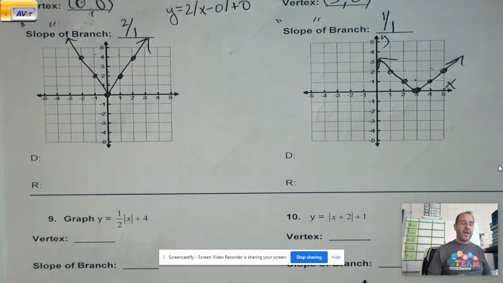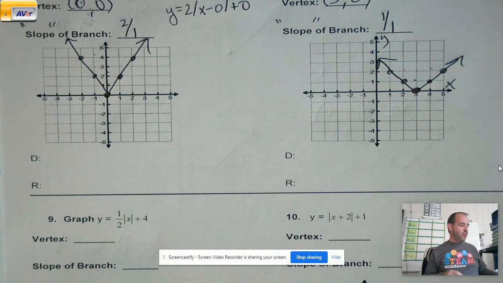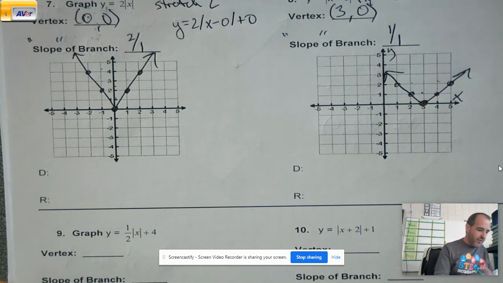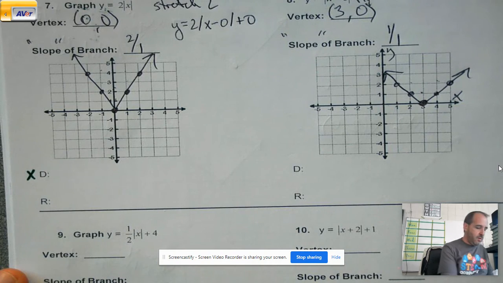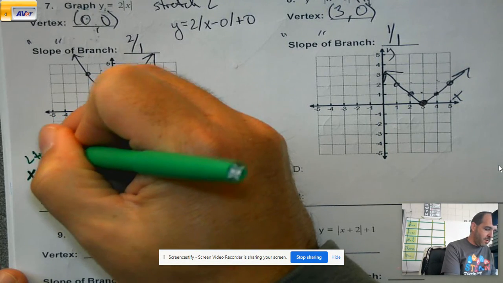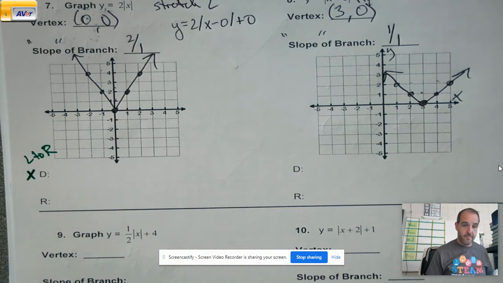So now, domain and range. Okay, not something new to us in that we don't know what it is. It's just a different graph we're looking at now. So a couple reminders. Domain is my x values going from left to right. But whenever we see arrows, arrows mean infinity.